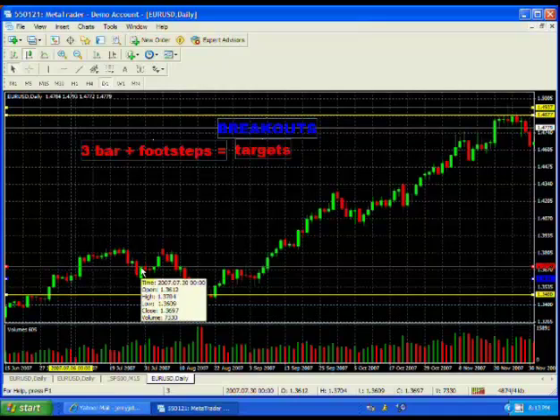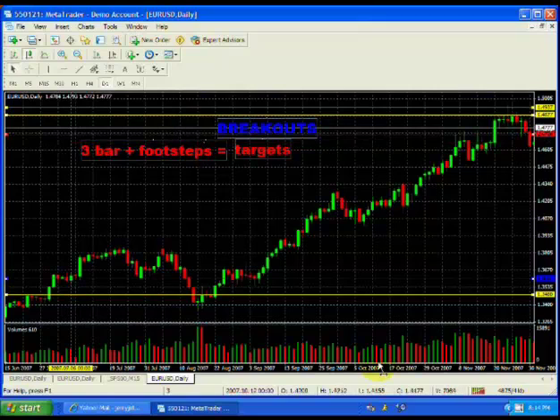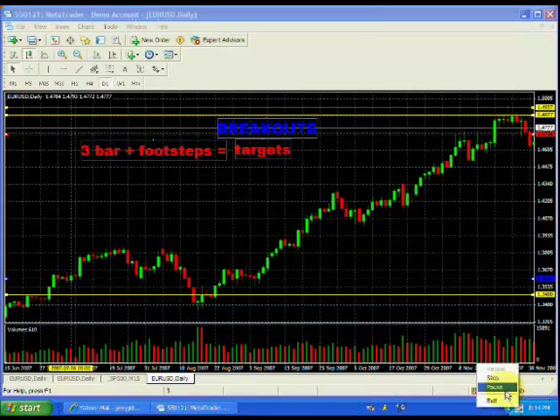But many times price will bounce off the real body, temporarily anyway, before it makes a deeper stab into the range of the resistance bar. But in any event, we can see that after the breakout here, this is where our target would logically be based on 3-bar and footsteps.